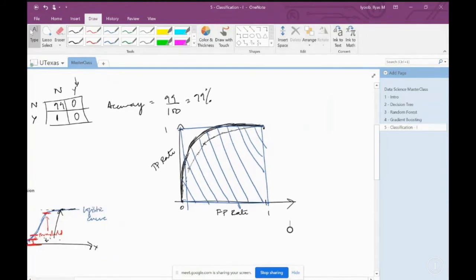Okay, so first of all, this curve, again, terminology, this curve is known as a receiver operating curve, right? Or ROC. Again, they like to use acronyms. And then this area, the area under the ROC curve, right, is also known as the AUC score.